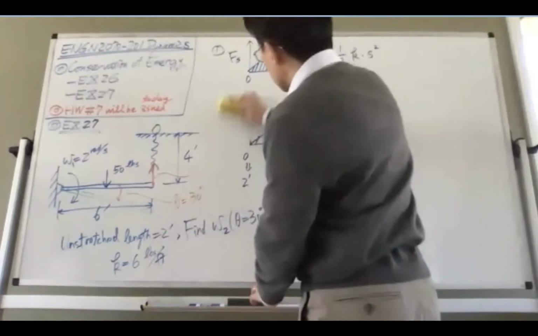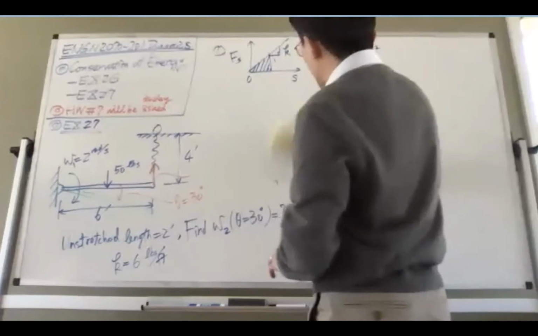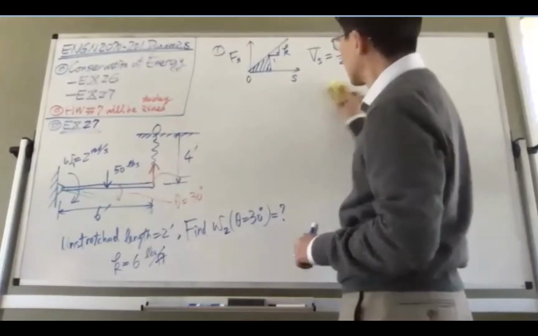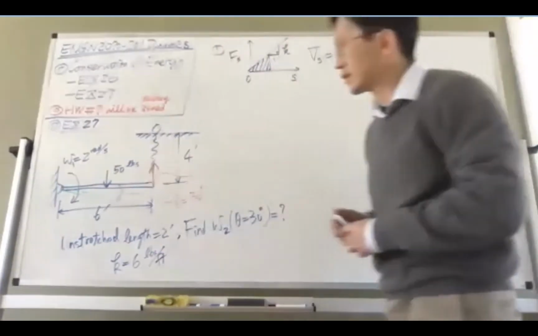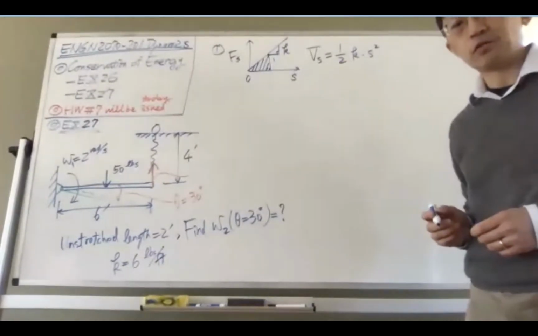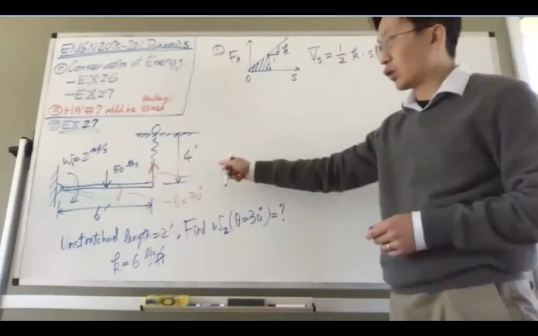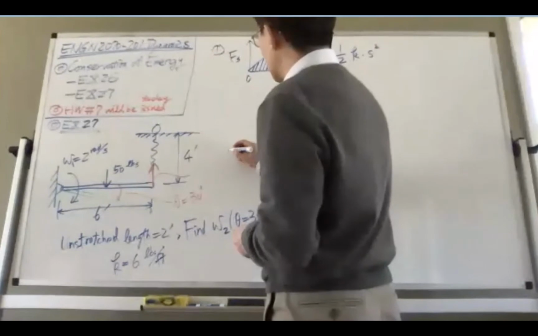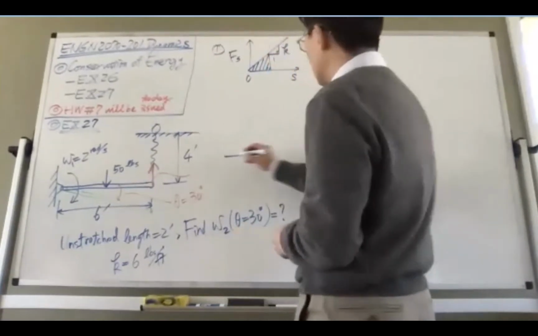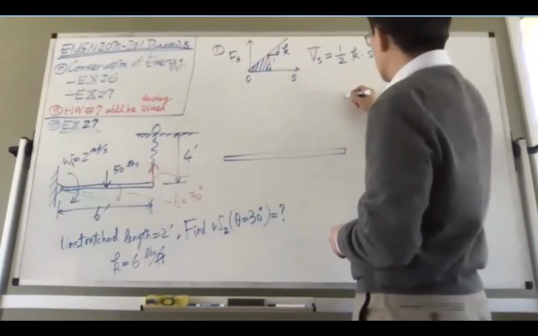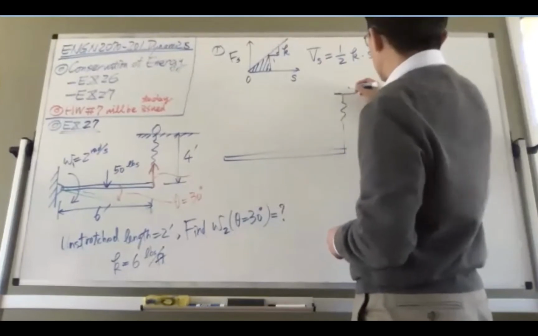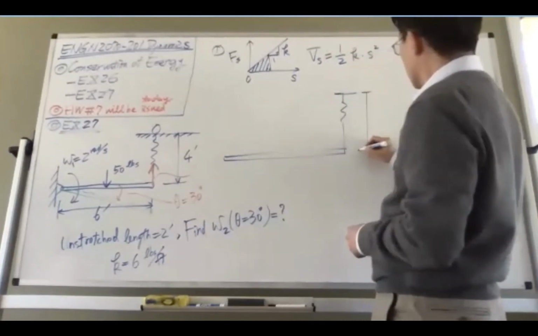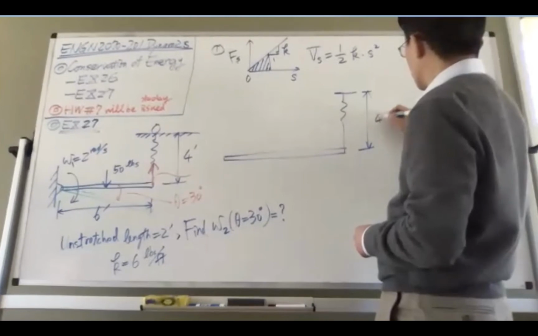And secondly, if you are curious how we know the position of this bar when there's no spring force attached to it, you can solve it easily by recognizing this fact. From here to here, we have 4 feet.